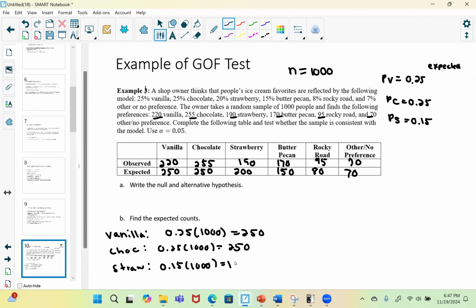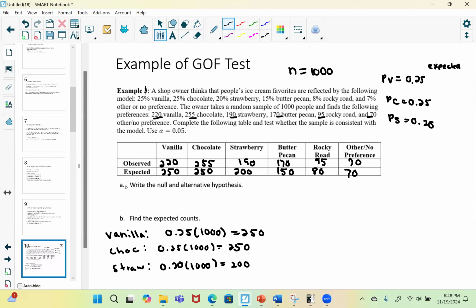And I get 150. Oh, sorry, strawberry was 20%. And butter pecan was 15. So 20% times 1,000 gives me, sorry, 200. You would do that for each one and get the expected counts and fill them in your table.